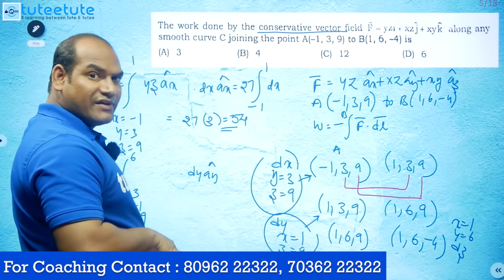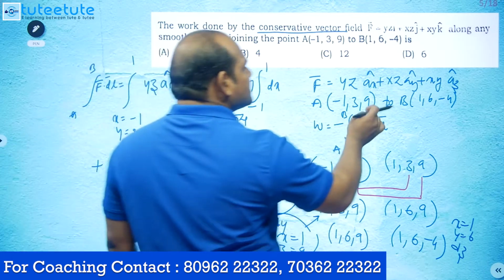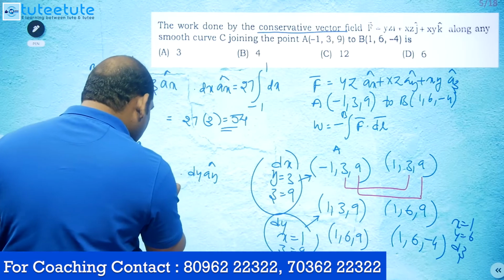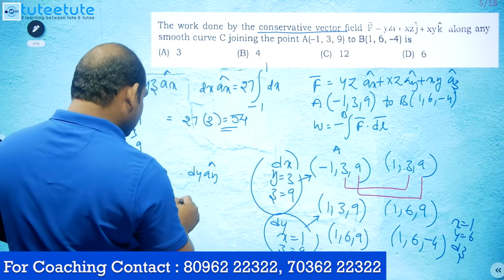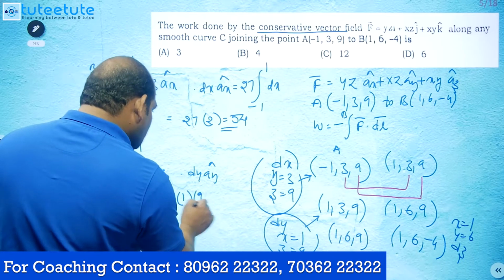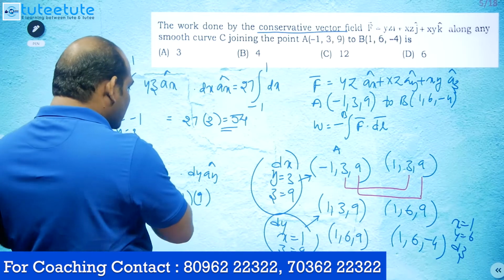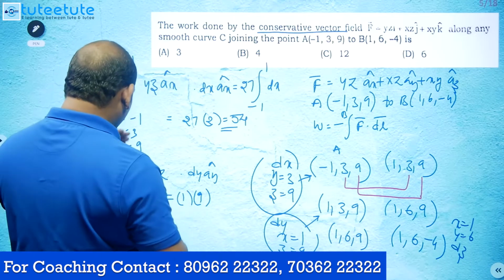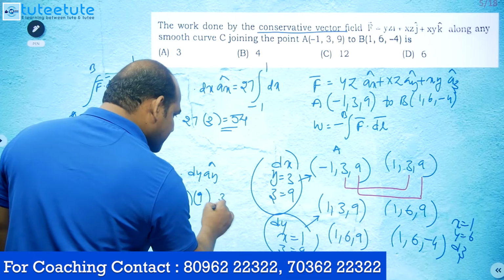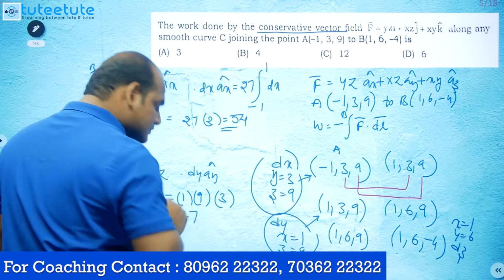In F bar also we have to consider only the y component, that is xz. So x value is fixed at 1, z value is fixed at 9. Here simply dy is there, the integral of 1 into dy is y only, and the y limits are 3 to 6, that is 6 minus 3, which is 3. So it is equal to 27.